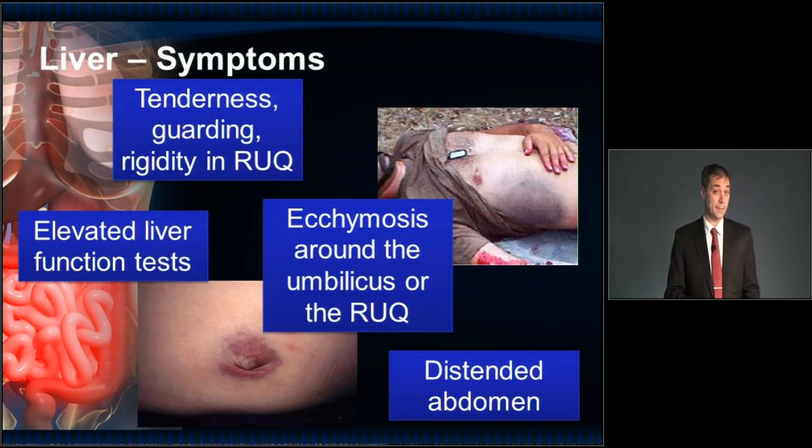Remember that your umbilicus is continuous with the peritoneum because of the prenatal cord, and because of that, bleeding in the peritoneum can result in bruising around the umbilicus or the right upper quadrant. Because of the significant blood loss, patients can actually have a distended abdomen. But remember what I said earlier, it takes a couple liters of blood for the abdomen to be distended. So if they come in with big tummies, consider the fact that they probably are dealing with significant hypovolemia at that point as well.